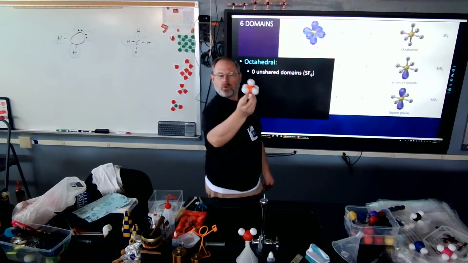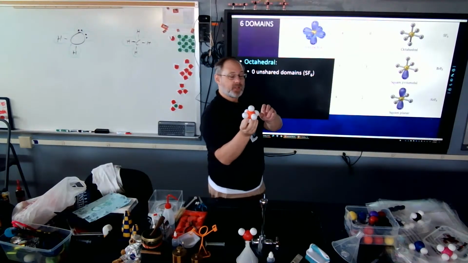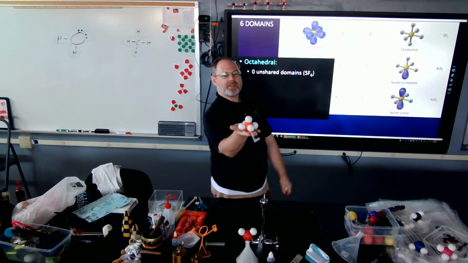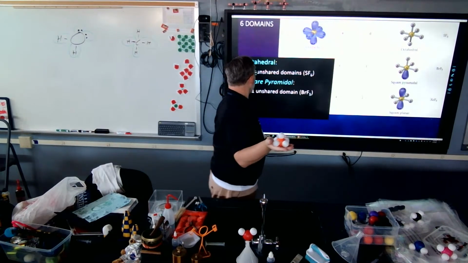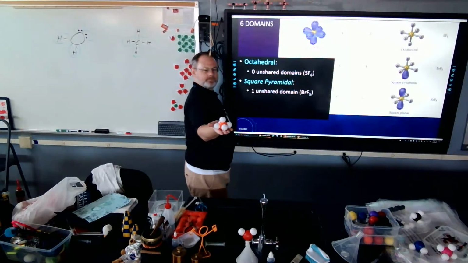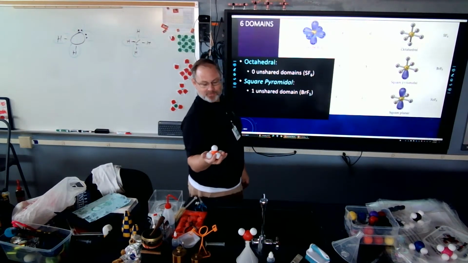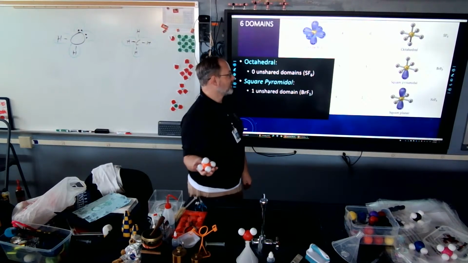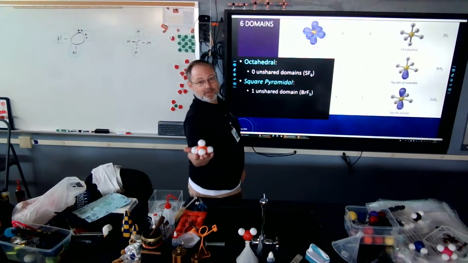So if you remove one of your domains, so 5 of your 6 are bonding, boop, you make a square pyramid. So we call that square pyramidal, if you lose one.